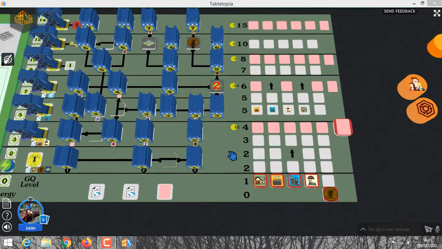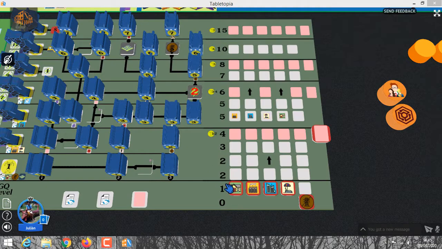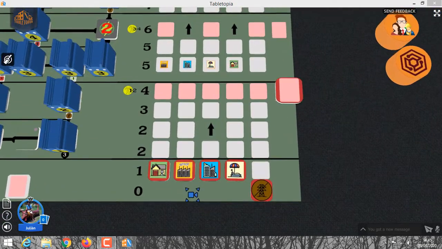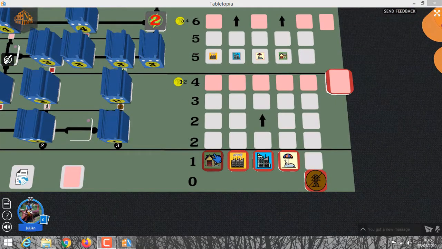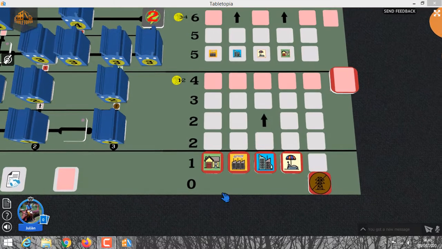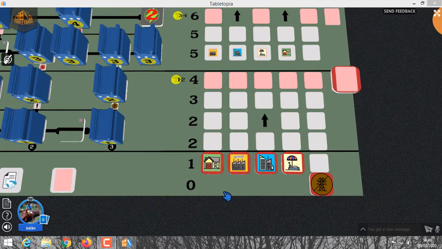Here we have the income board, or income markers. The income markers are of the town, the factory, the city, the beach, and the isolated location. These income markers are affected by the contracts that we will be fulfilling during the course of the game and by other bonuses that we can take in our actions.